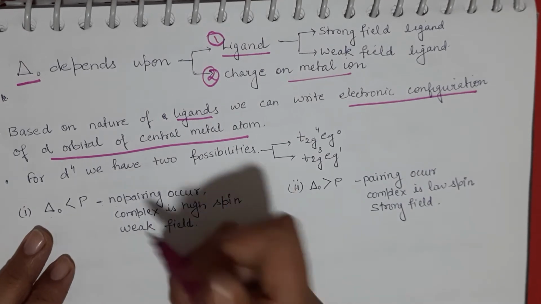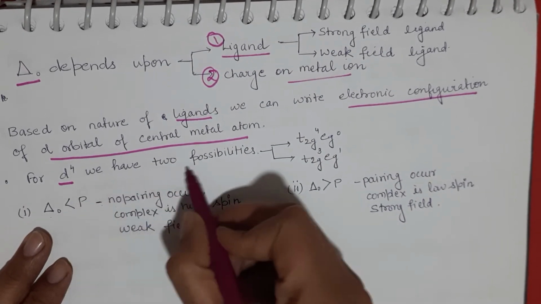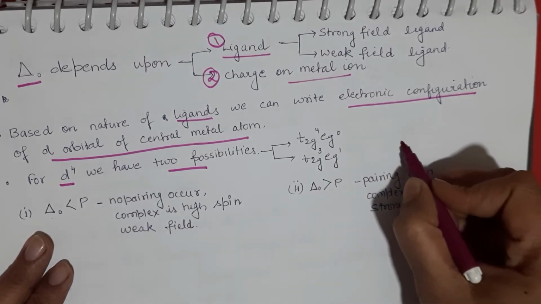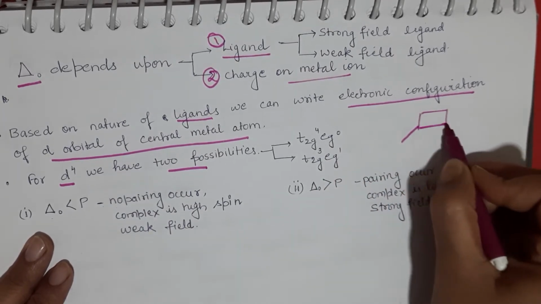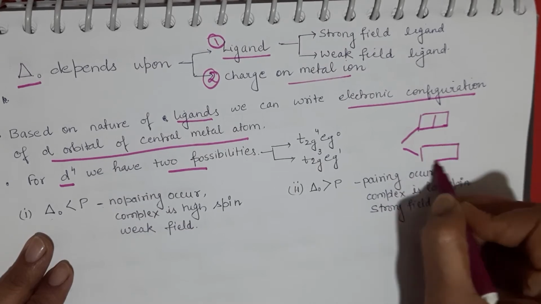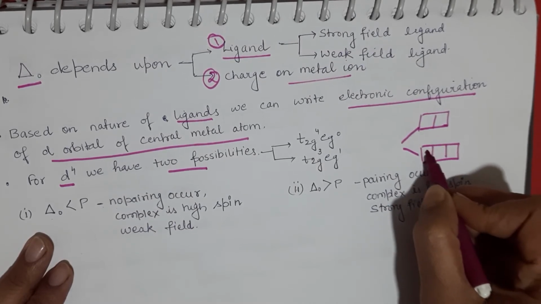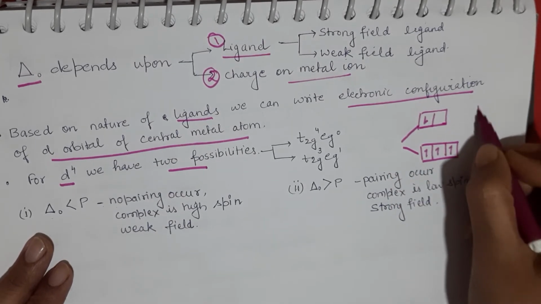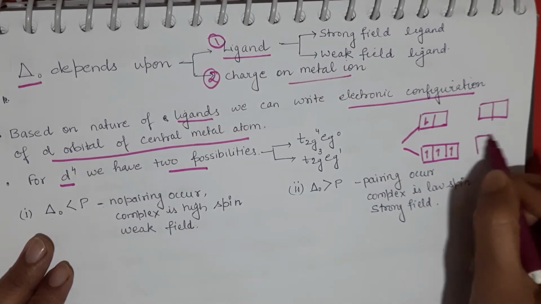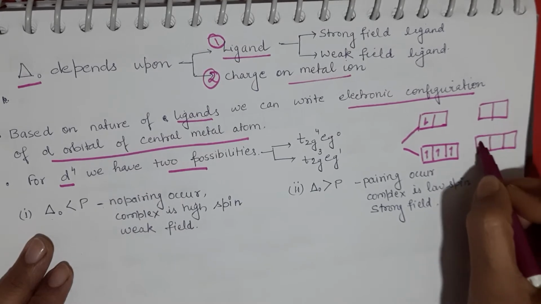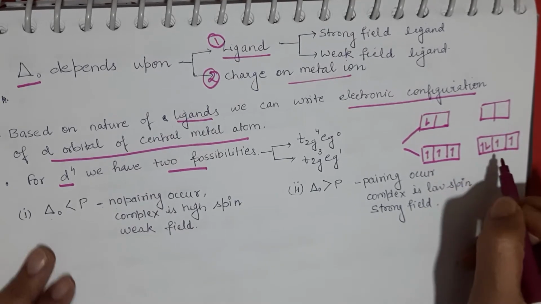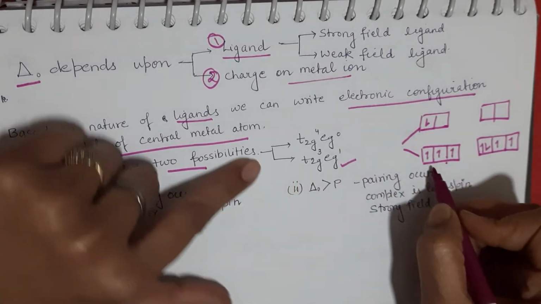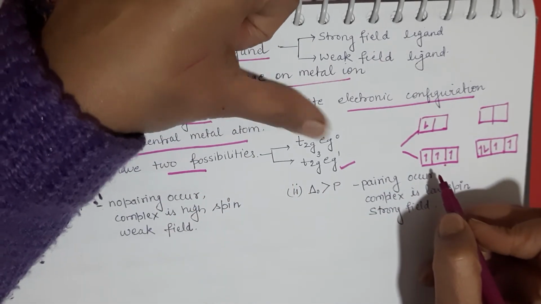So if you have d4, we have two possibilities of electronic configuration. It may be possible that the electrons reside 1, 2, 3 and 4 like this. This is one possibility, and the other possibility is the electrons may be 1, 2, 3 and 4 like this.